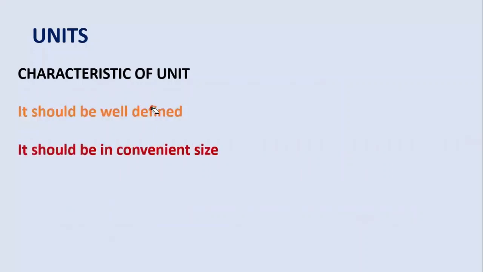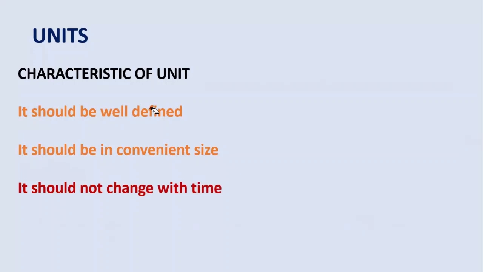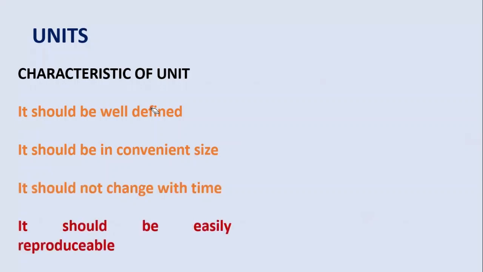So characteristics of units. Let us read one by one. The first one, it should be well defined. Second one, it should be in convenient size. It should not be too big, it should not be too small, and it should not change with time. So that's why we define the fundamental units in terms of property of atom. The third, it should be easily reproducible.